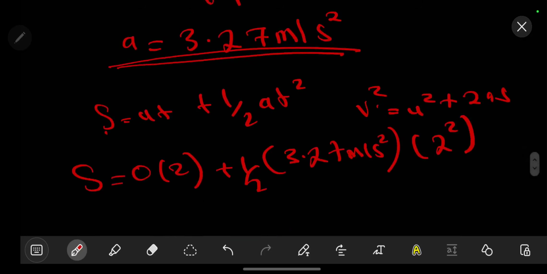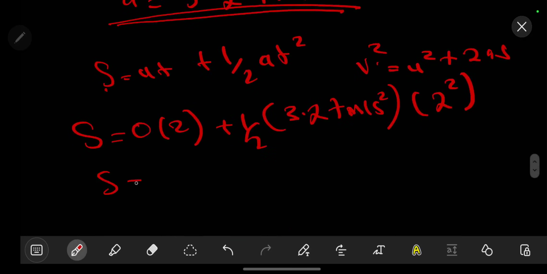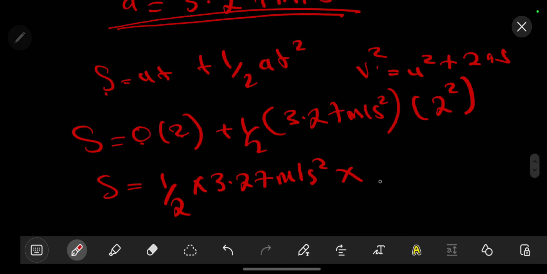So s is equal to, this times this is 0, so we can forget about this. We have our half times 3.27 meters per second squared, times our 2 squared, which is equal to 4 second squared.